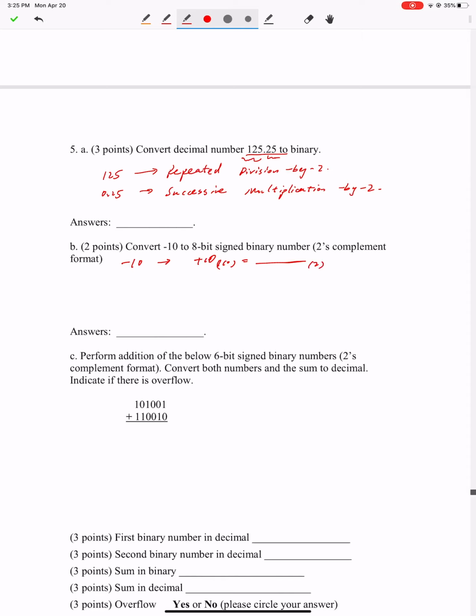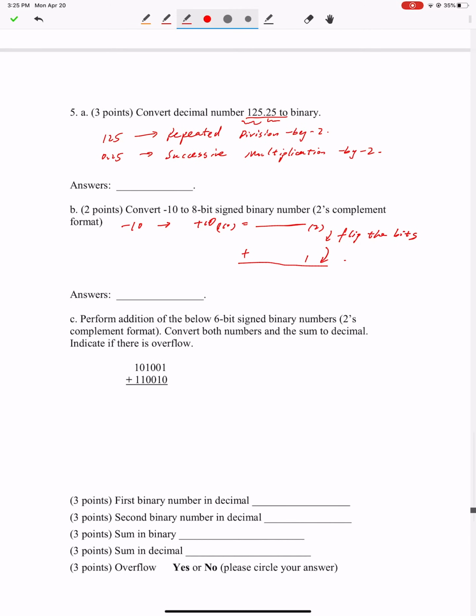And then flip the bits, and then you need to plus 1 to the flipped bits, and that's the 2's complement format of a negative decimal number.